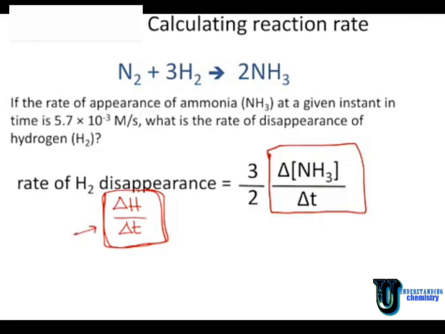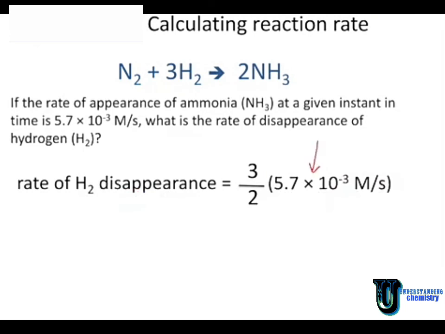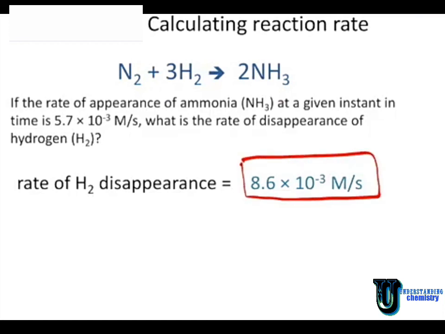So this is just our simple algebra here. And then when I plug in here the rate of the appearance of ammonia and multiply it by 3/2, I will get that the rate of the disappearance of H2 is 8.6 times 10 to the negative third molar per second. And this checks out with what we originally suspected we would find.